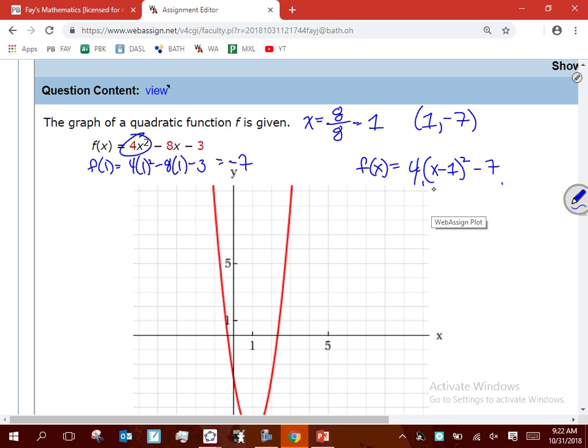I don't know if they asked that, but the next thing they want is the y-intercept, right? Doesn't it make sense to find the y-intercept right here? Y-intercept is going to be what? X is 0, y is negative 3. That's something to pay attention to, guys.